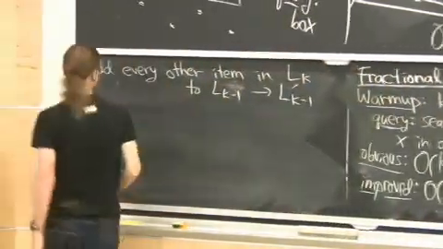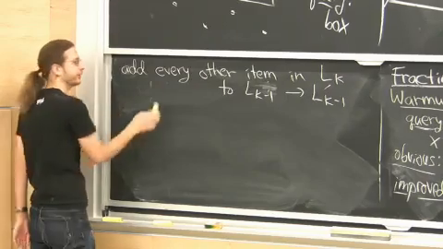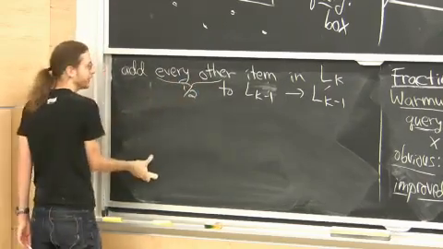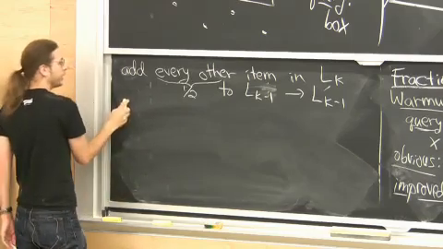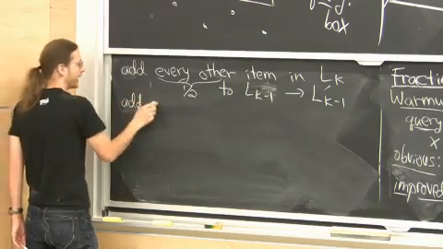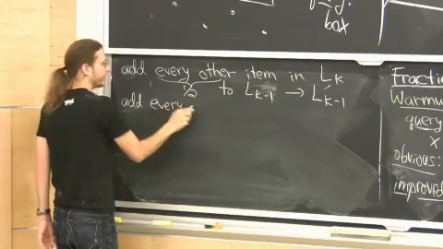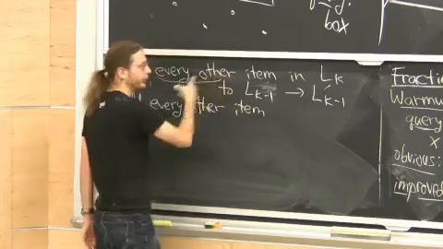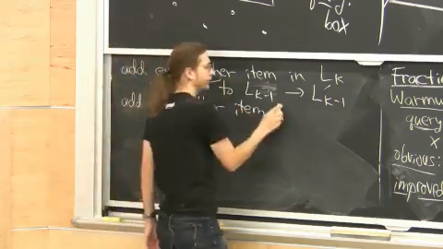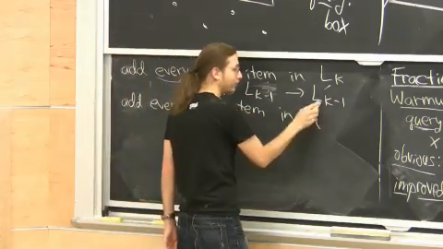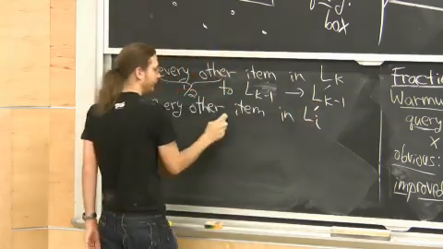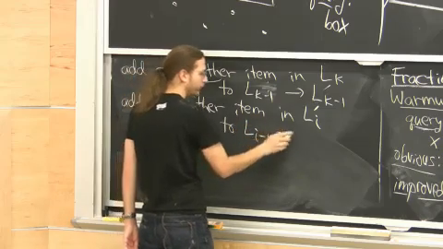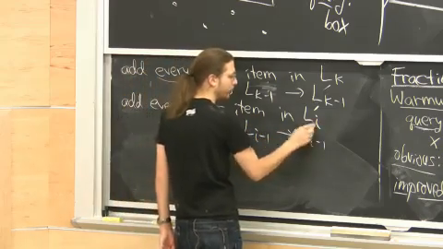And then repeat. This is the fractional part. Here, the fraction is 1/2. You can make it whatever fraction you like, less than 1. In general, I'm going to add every other item, in sorted order in Li prime, to Li minus 1 to form Li minus 1 prime.